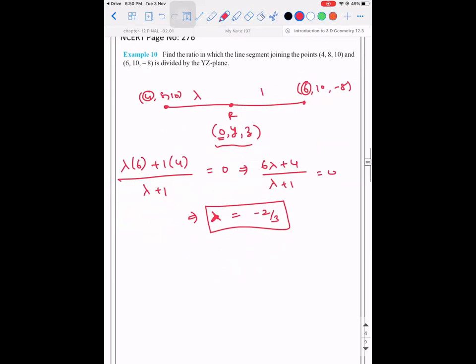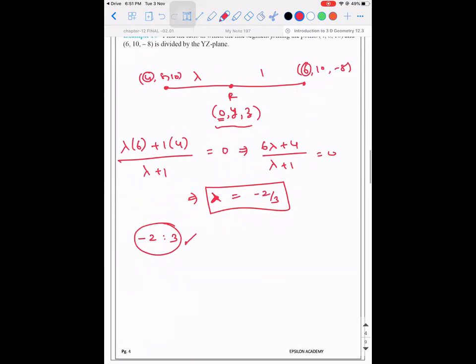So the ratio will be minus 2 is to 3. If they ask you to find the coordinates of that point, then you can use the formula for y coordinate and z coordinate. But according to this question, what they have asked, you can just stop with minus 2 is to 3. Clear? Yes, sir. Clear, sir.